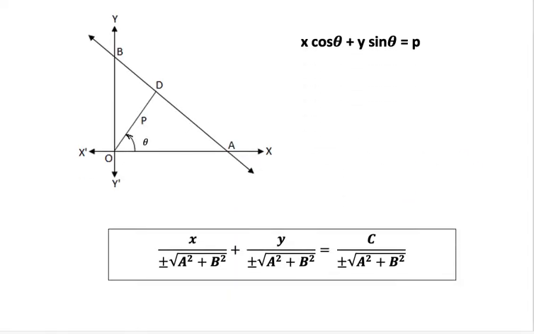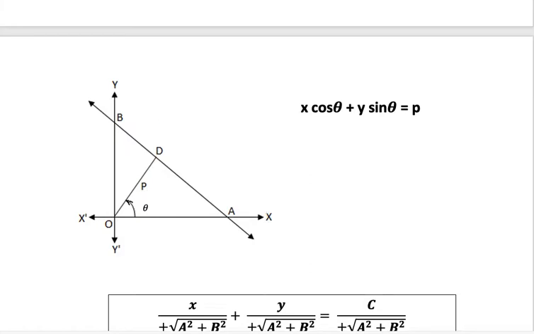When you say normal form of a line, it is shown by this illustration. It is the equation of this line upon which the length of the perpendicular from the origin is p, and this perpendicular makes angle theta with the x-axis.